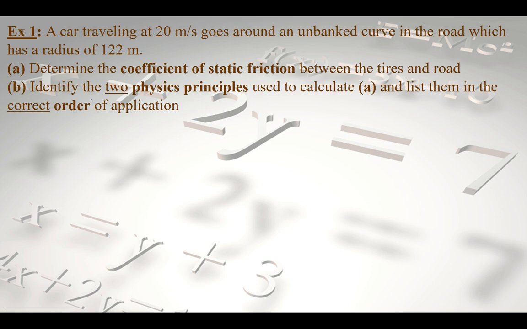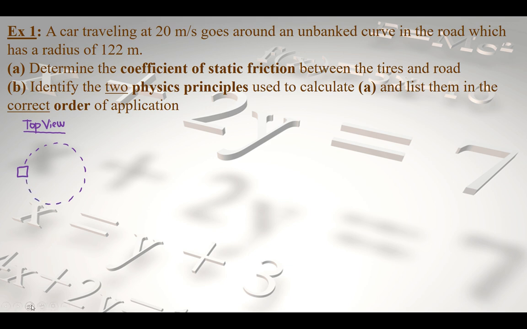Now, I'll draw two different pictures here. We can do a top view, although that's not going to be the picture I'm going to use for my force analysis. But a top view perspective would just be like you have your car and it's just moving around in a circle like this.